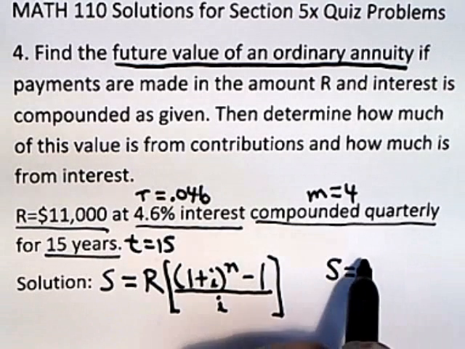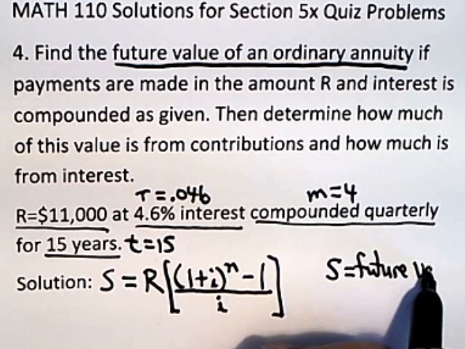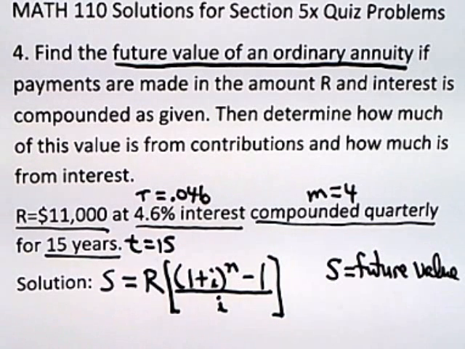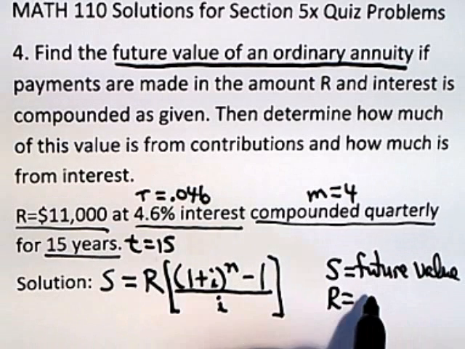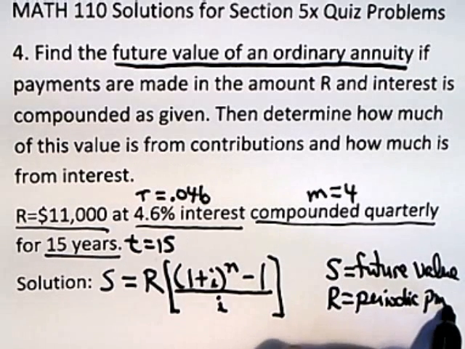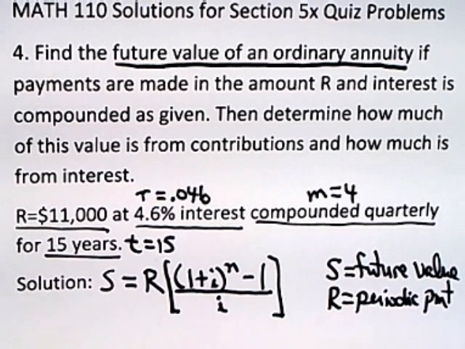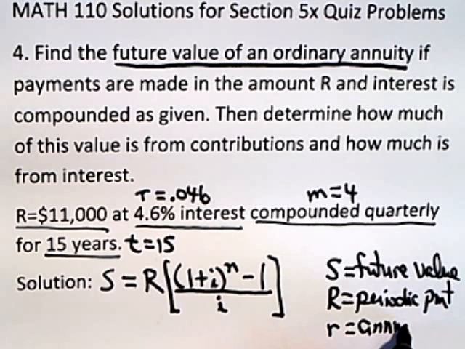S is the future value of that annuity. Capital R is the periodic payment. Little r is the annual interest rate.